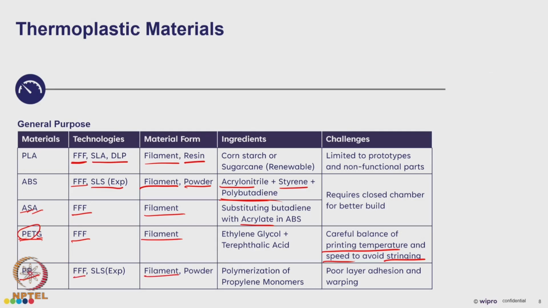Also this material is used in SLS technology in an experimental way in powder form. And here what they do is polymerization of propylene monomers, and the challenge we face here is poor layer adhesion and warping issues.